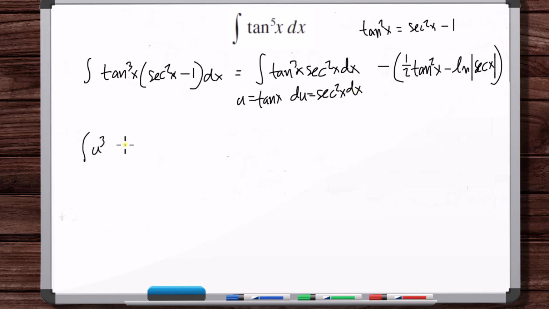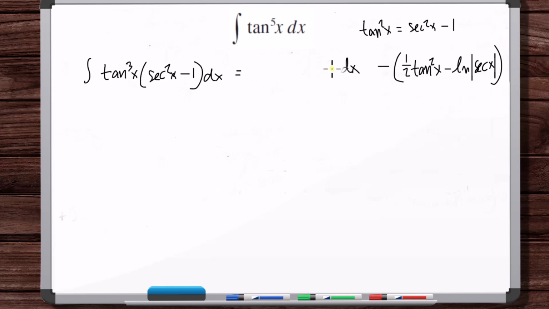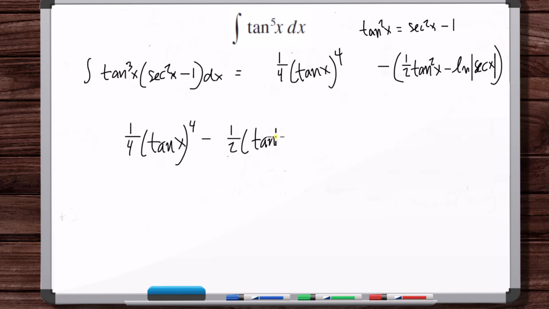So u cubed du, 1/4 u to the fourth, so 1/4 tangent x to the fourth power. Minus, there we go, plus c.